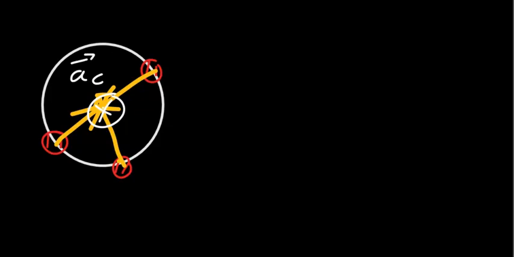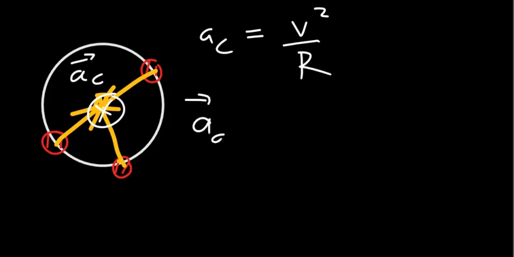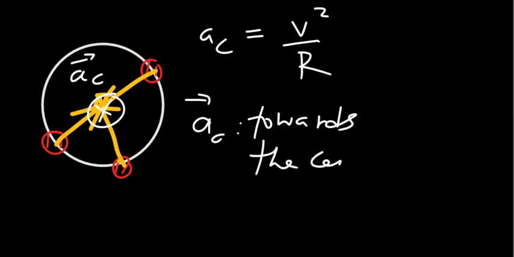The centripetal acceleration of an object executing uniform circular motion has a magnitude of that constant speed squared over the radius of that trajectory, and its direction is quite simply towards the center of that circular trajectory.